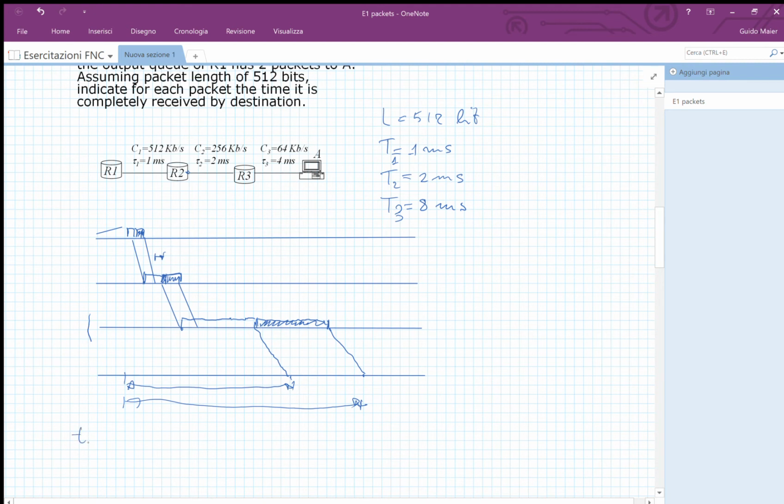So T1, you have, this is the same as before, because the first packet does not experience any queuing delay, so you have tau 1 plus T1 plus tau 2 plus T2 plus tau 3 plus T3, which is 1 plus 1 plus 2 plus 2 plus 4 plus 8 milliseconds. The total is 18.